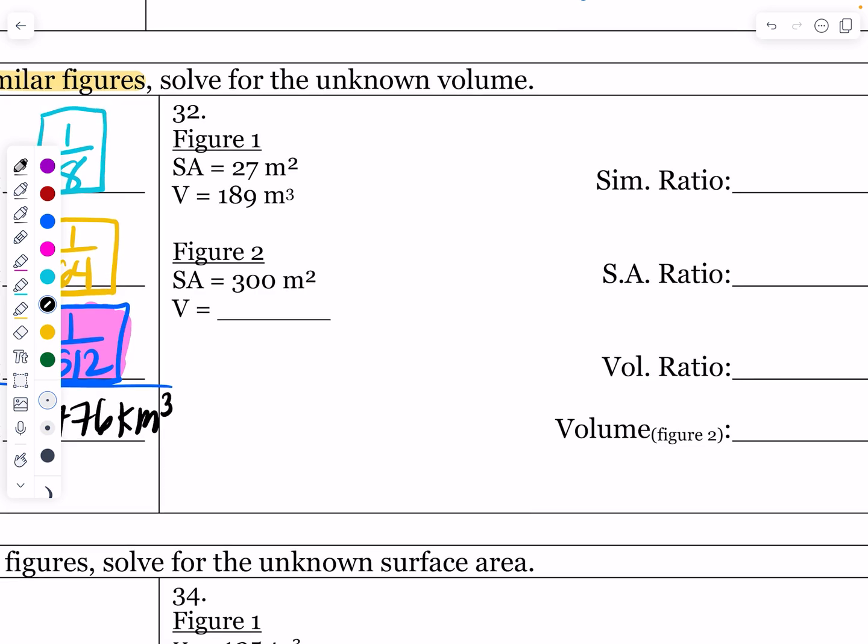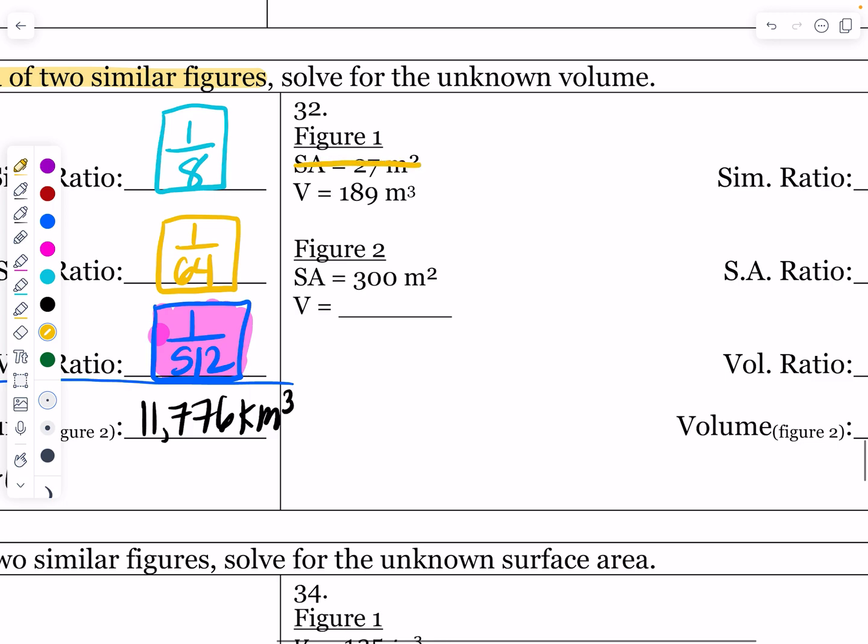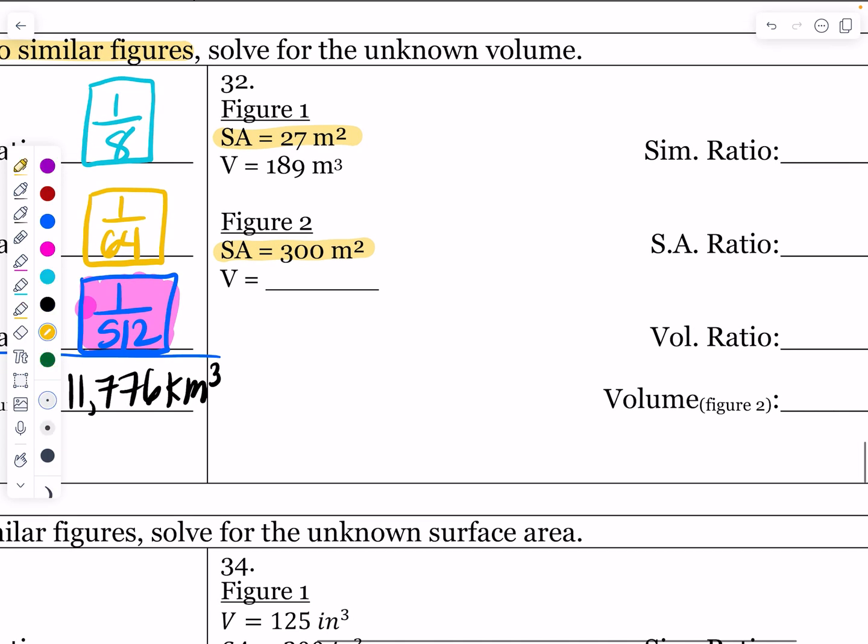All right, exact same thing on the next problem. Again, we are given surface areas. We're given the 27. We're given the 300. That is level 2. So I've got A over B, I've got A squared over B squared, and I've got A cubed over B cubed. And so that is level 2 information.